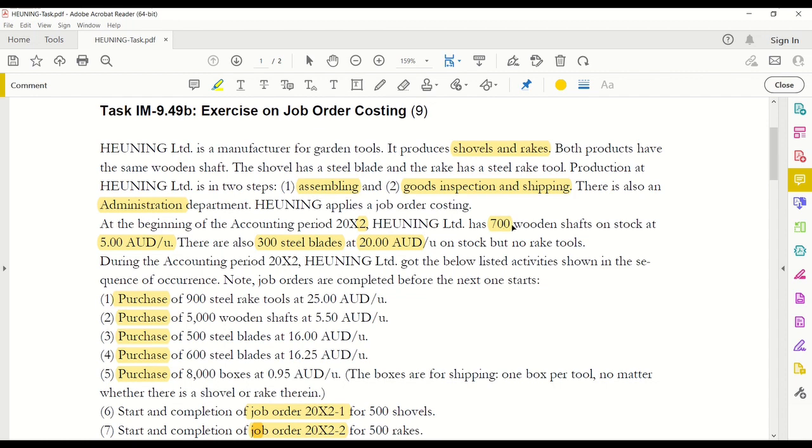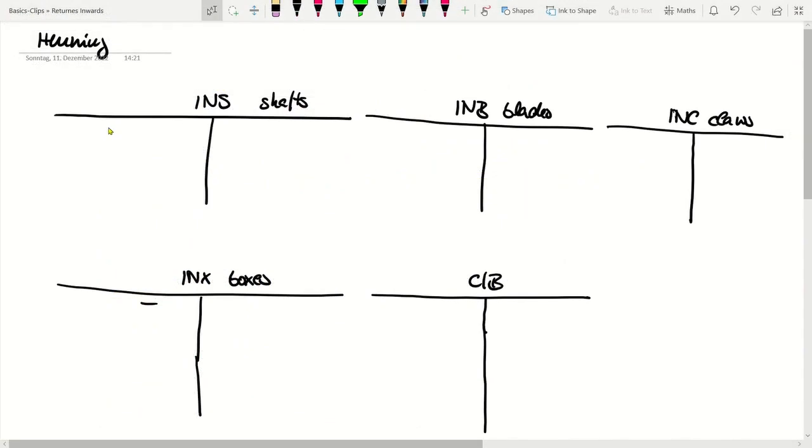We got opening values for the wooden shafts as well as for the steel blades. I record the opening value. We get 700 shafts and 300 steel blades.